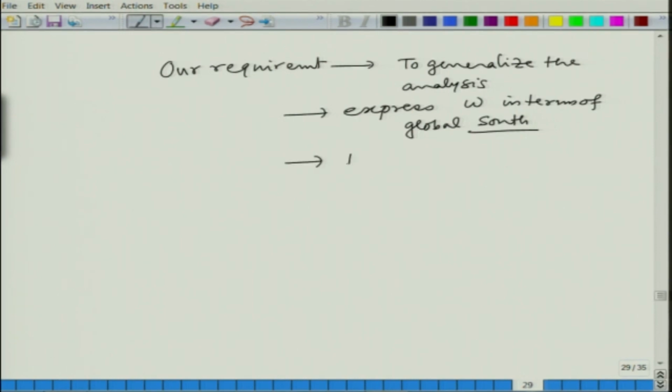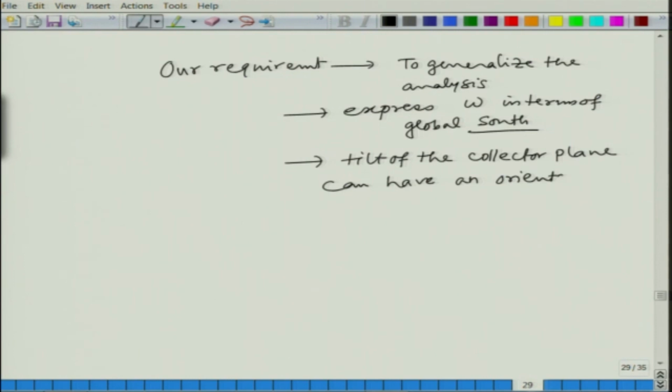The other one is that the tilt of the collector plane can have an orientation other than the south direction, and hence it can have a value of surface azimuth angle.